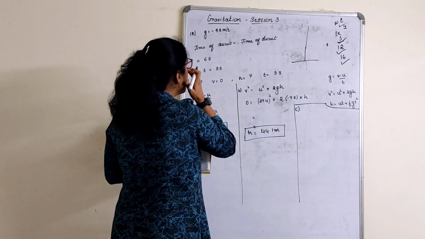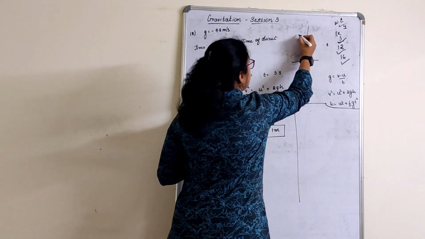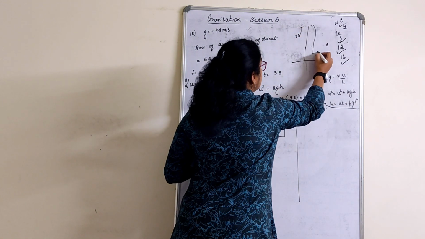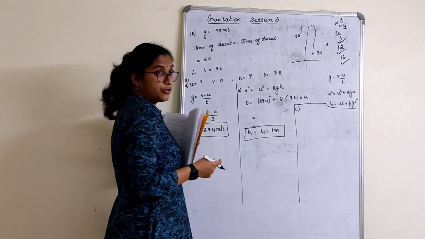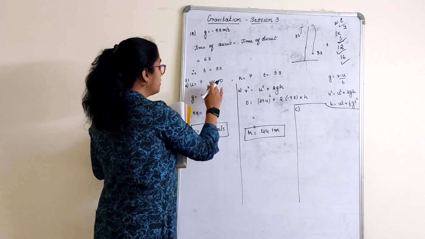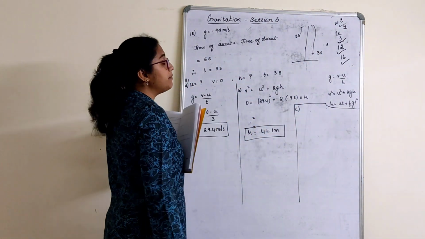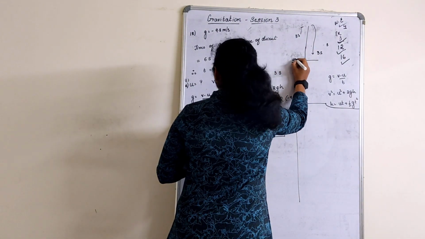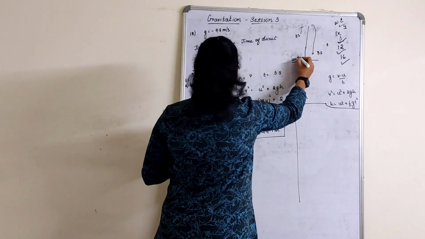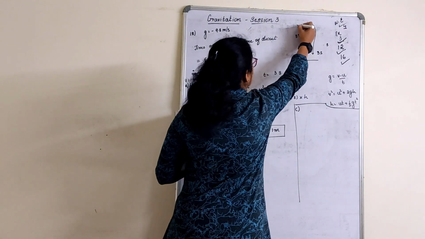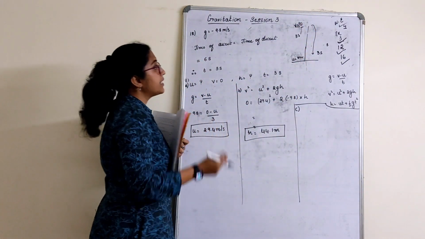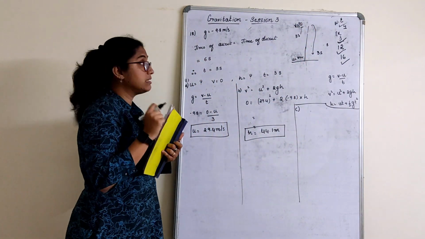From here you throw the ball, it will take 3 seconds to travel up here and it will take 3 seconds to come down, right? With all these things, we calculated u when v becomes 0. How much was the u? We found u as 29.4, and here v becomes equal to 0. That is why it reaches the peak in 3 seconds.